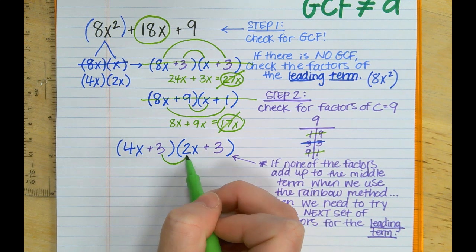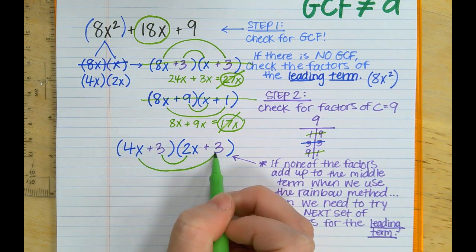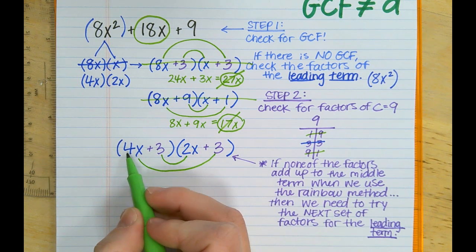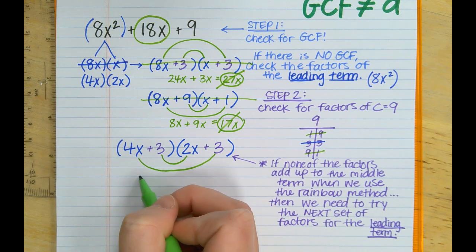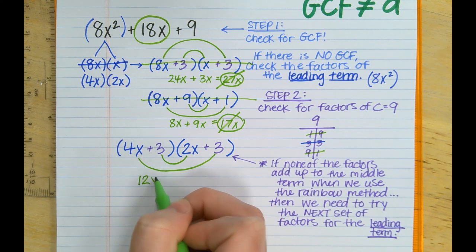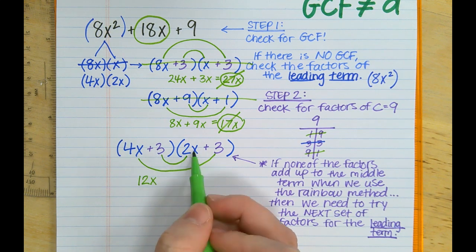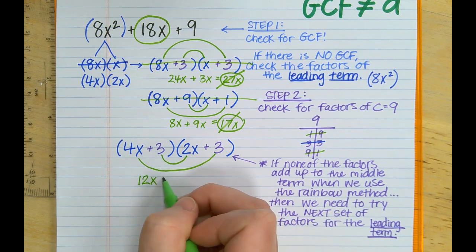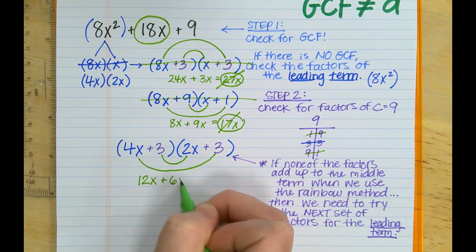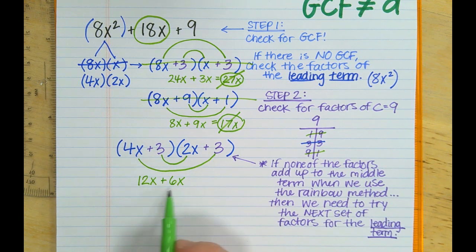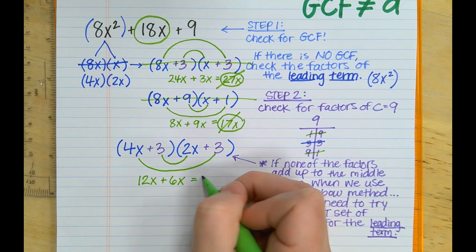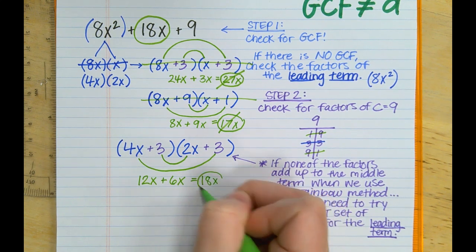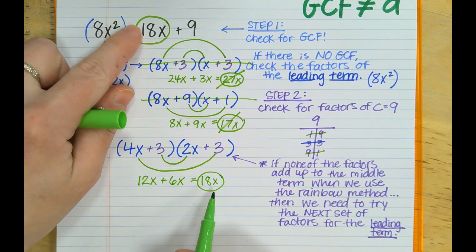So I've got 4x times 3, which is what? Good, 12x. And then I have 3 times 2x, which is 6x. And 12x plus 6x is? 18x. That's what we wanted.